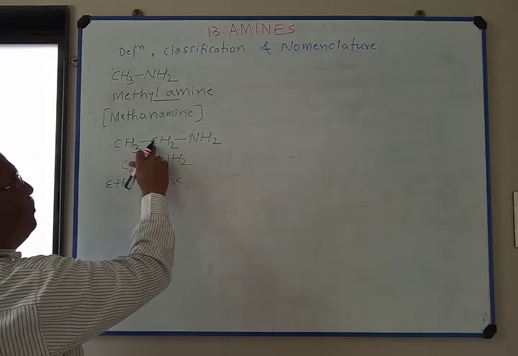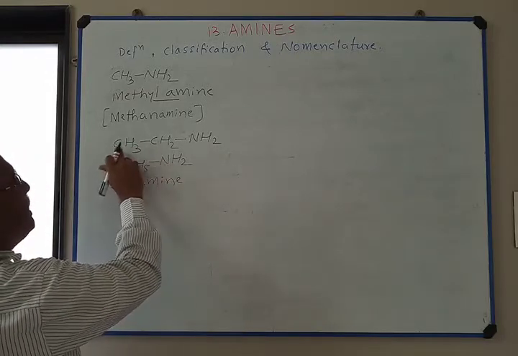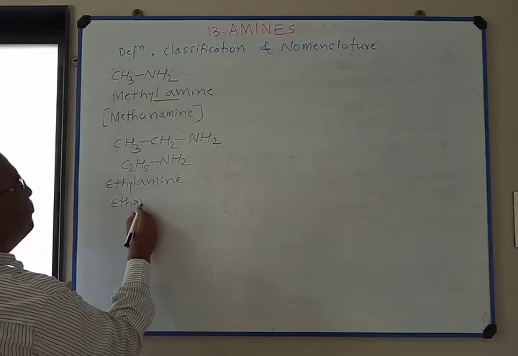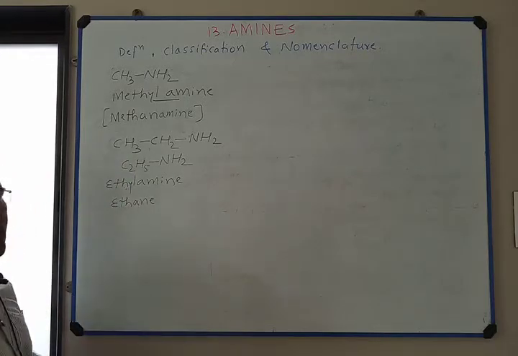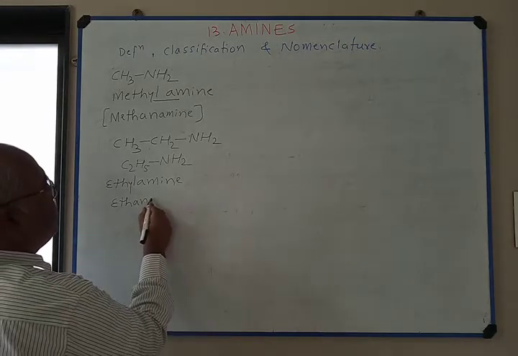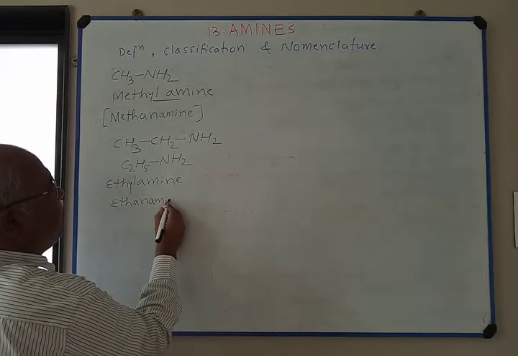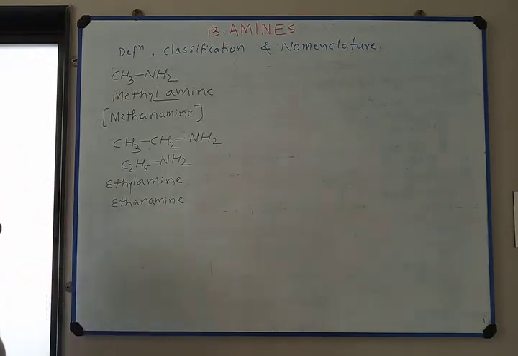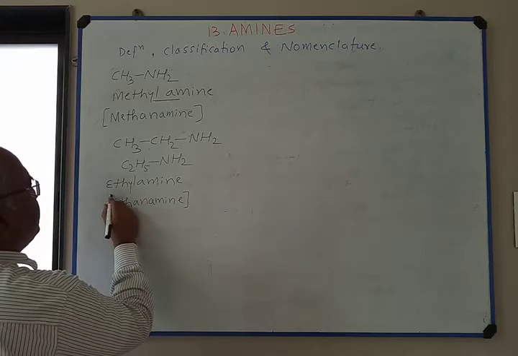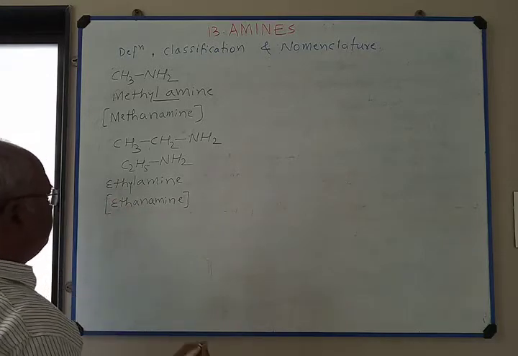The compound contains two carbon atoms. Therefore, it is a derivative of ethane. Remove last E and replace it by word amine. Ethanamine is the IUPAC name of this compound. IUPAC name I write in square bracket.